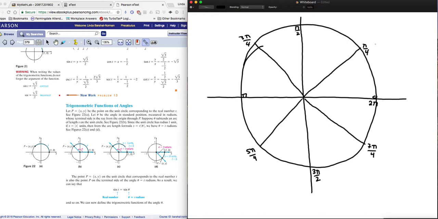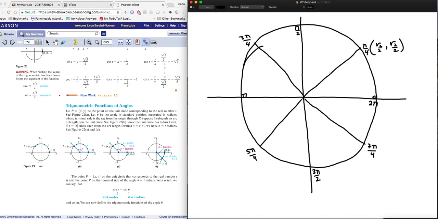Anything like that that's in lowest terms with a denominator of 4 is going to be a 45-degree angle. All right, and we saw from the 45-degree angle that both the sine and the cosine were rad 2 over 2.